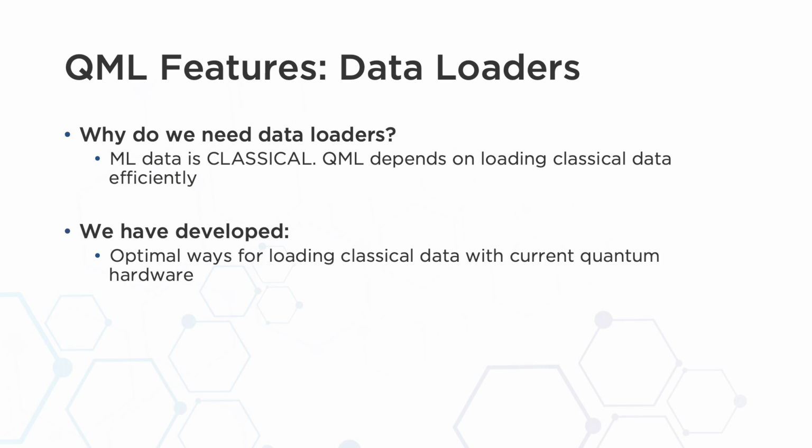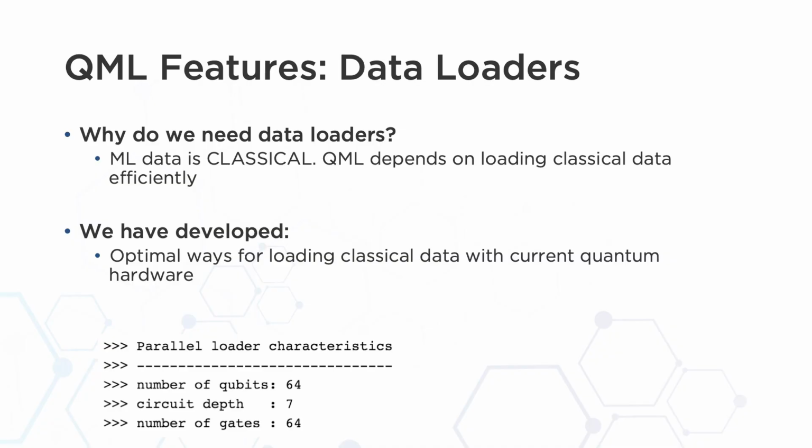So here's what we have done. We have devised optimal ways for loading classical data into quantum states with current hardware technology. We went one step further, and we have also proposed new hardware architectures based on the same technology that hardware manufacturers use today in order to enhance even more and make this procedure even more efficient.